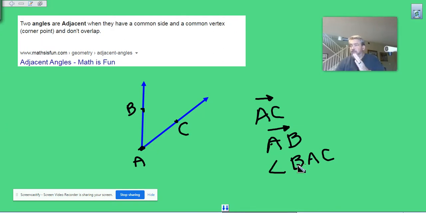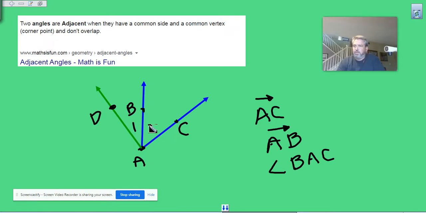Now, adjacent angles are just that. Those are two angles that share a side. So I'm going to get another ray, and I'm just going to give it a different color just for fun. I'm going to add another ray here in green, and let's give it a point so I could name it D. Now, can you see the two angles?